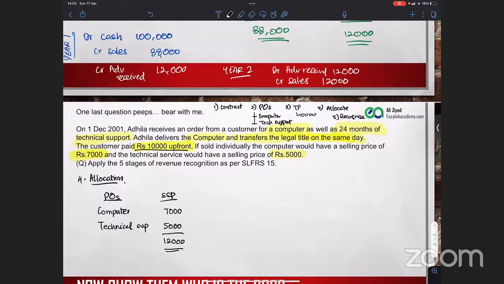Okay. However, what is the total transaction price? 10,000. So can you please allocate and tell me how much should be allocated to computer?